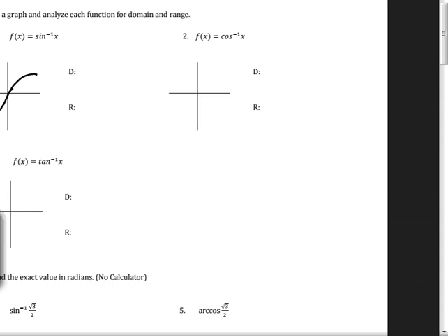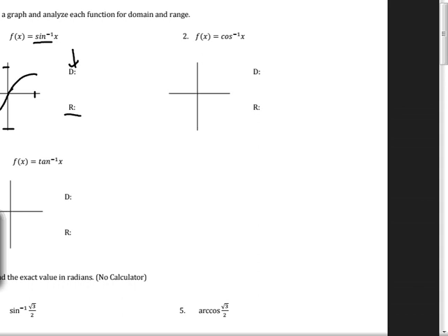And then remember, whatever used to be on my y-axis labels, they get reversed and they become my x-axis labels. And that tells me my domain and range. My domain is whatever the range of sine used to be, and my range is whatever the domain of sine used to be. Get what I mean?